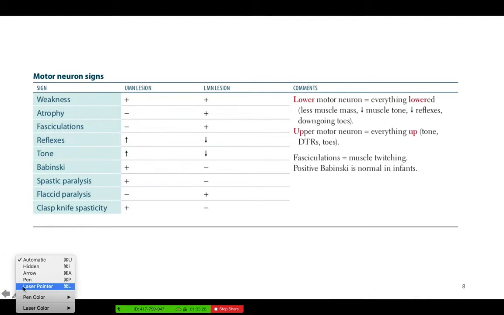Now, for our upper and lower motor neurons, they each have a different job. Our lower motor neuron is going to be responsible for contracting muscle. Whenever you think of lower motor neuron, think of that ADHD kid in class who is constantly doing things, always wants to move his muscle. So when you see lower motor neuron, I want you to think of spastic.